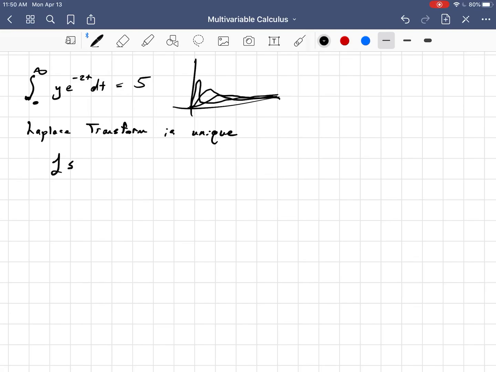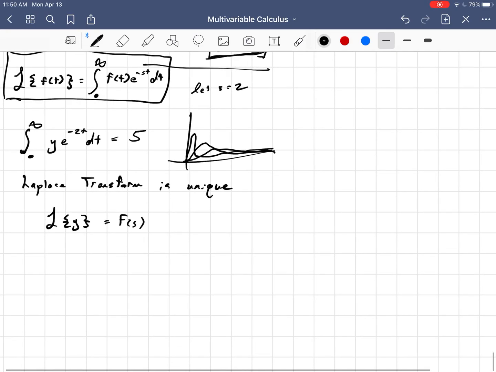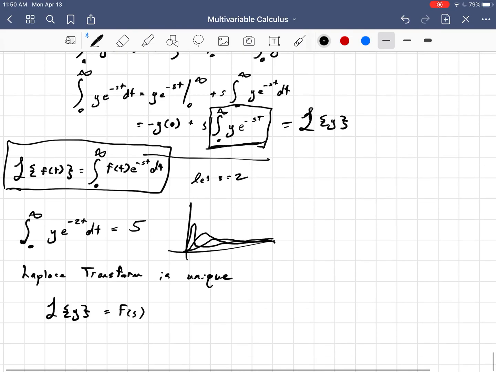There's only one function y whose Laplace transform of y is some function in terms of s when we go to evaluate it. So only one function y whose Laplace transform is f of s.